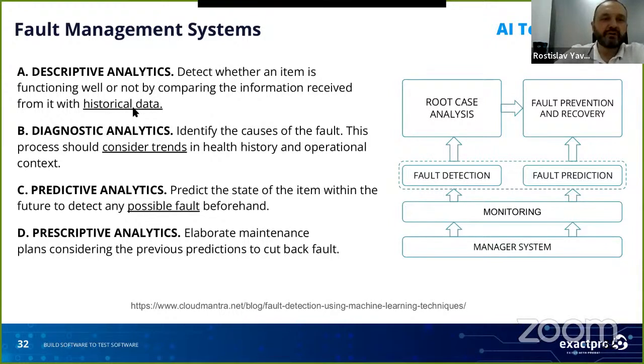Then with this historical data, you can perform some diagnostic analysis and study some trends. And then with these trends, you can do predictive analytics and use it to figure out what was really wrong and what are faults.